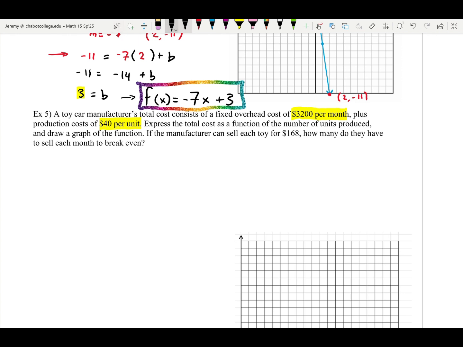So a good place to start would be defining our variables. So remember, it says that we want to express this function as a function of the number of units produced. So how about we define a variable? Let x equal the number of units produced. Okay, and since the overhead cost was given per month, we could say per month.